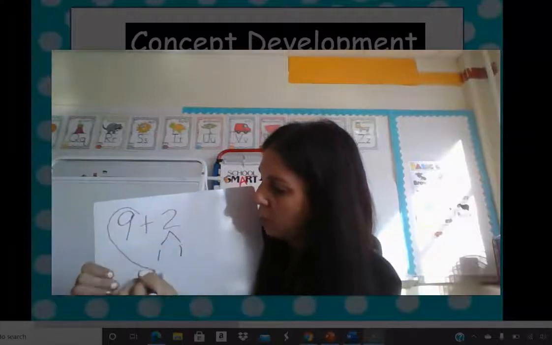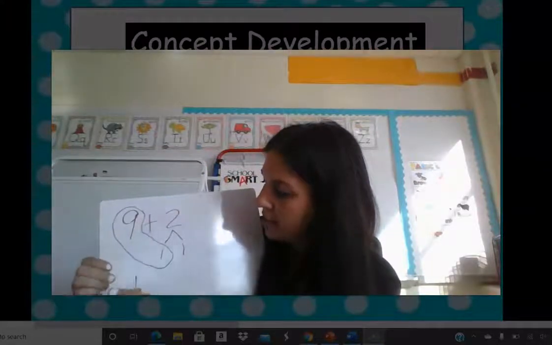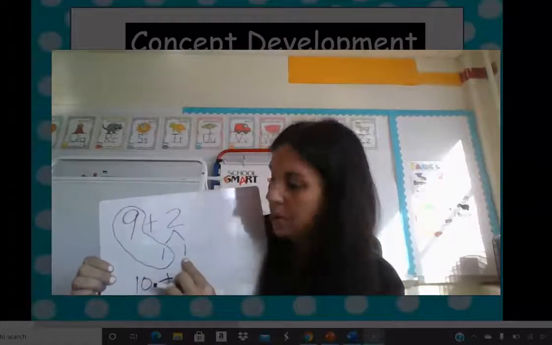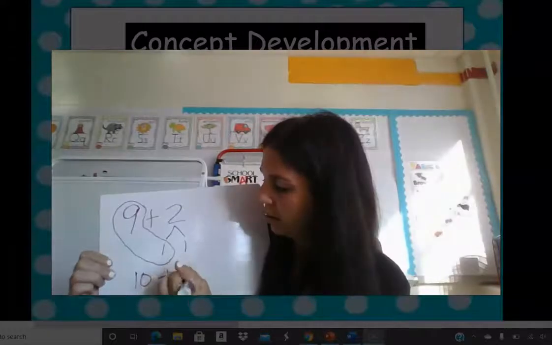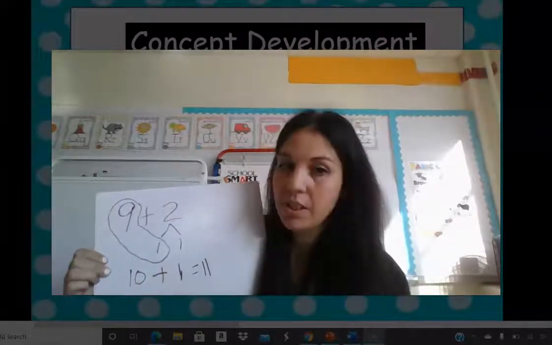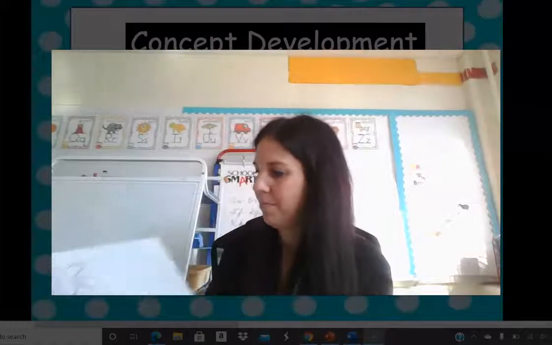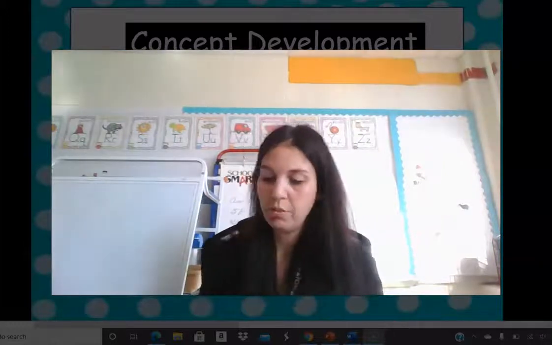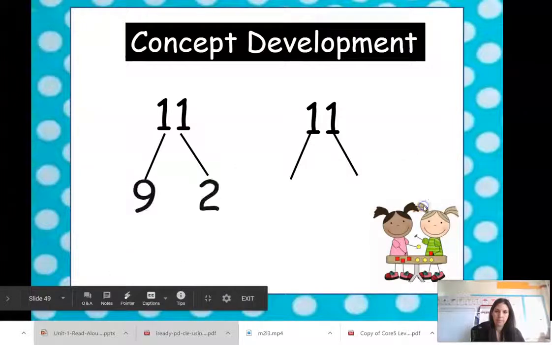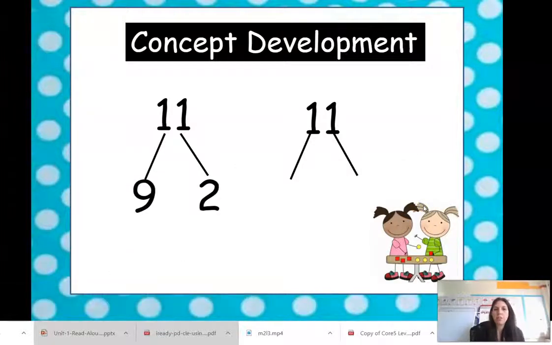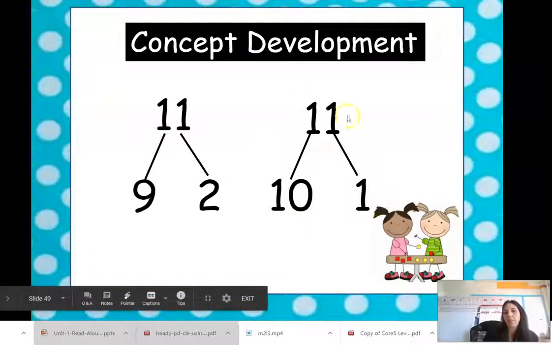So 9 and 1 gives us 10. And then we still have 1 left. So 10 plus 1 equals 11. Okay? That's how you would write it down if you were writing it on paper. So we have 9 plus 2 here equals 11, or you have 10 plus 1 equals 11.